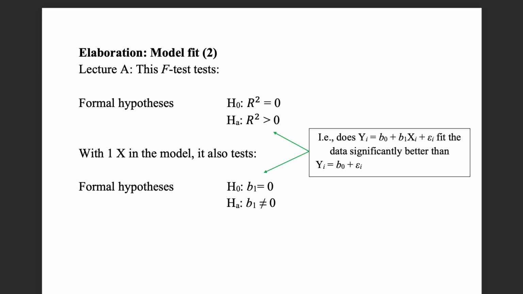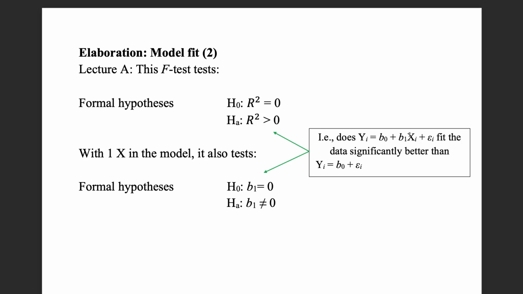The only difference between these two models is that we have included our independent variable, so that we have a coefficient estimated for that independent variable. So if this model has a better goodness of fit than that model, what is the difference between those two models?